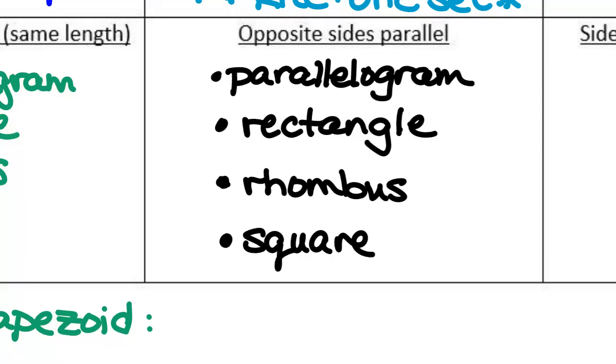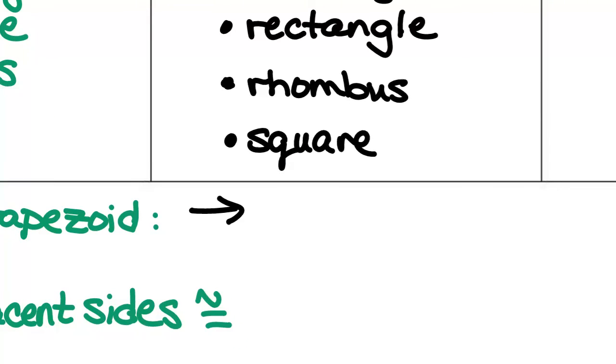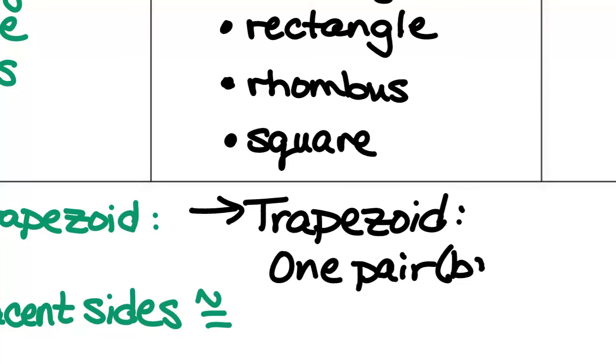Are there any shapes that we've talked about where only one pair of sides are parallel? A trapezoid. Our bases are parallel.